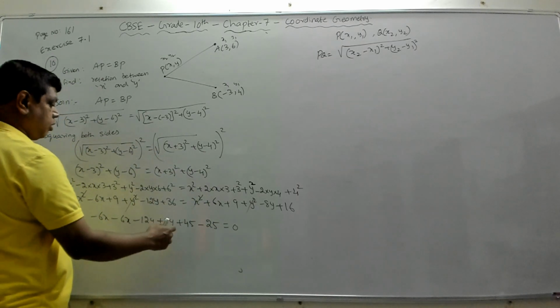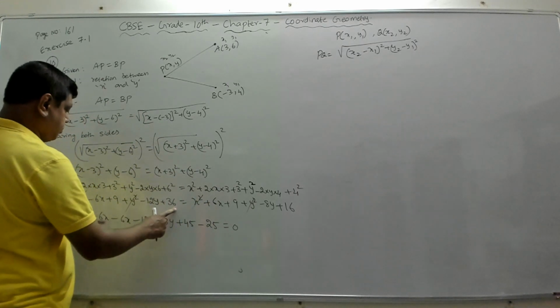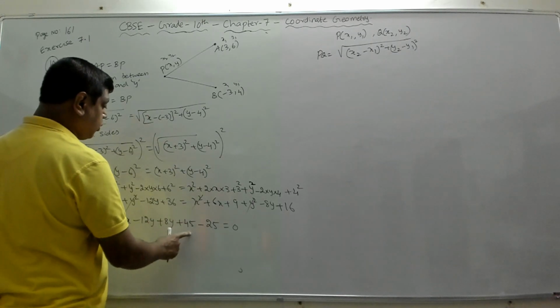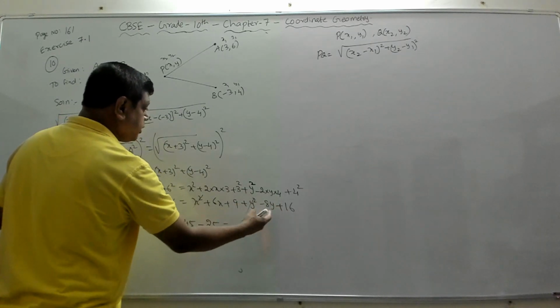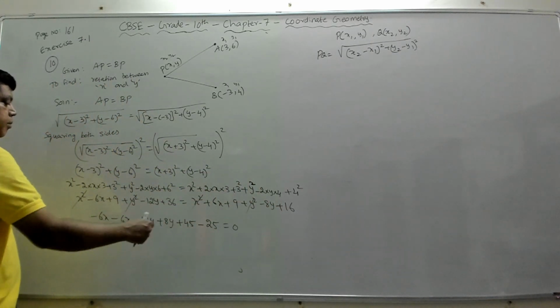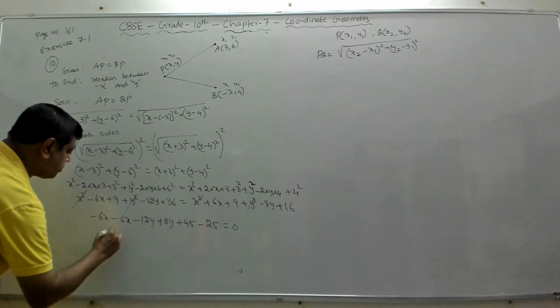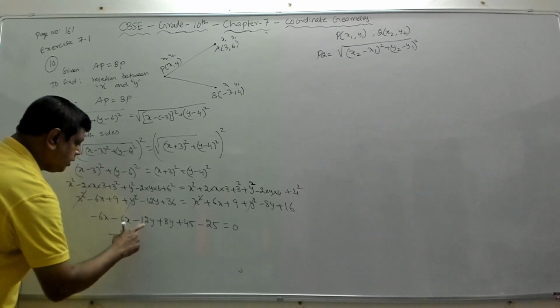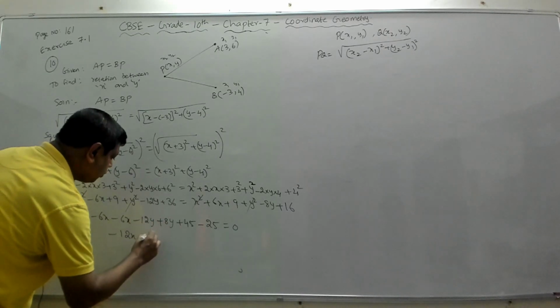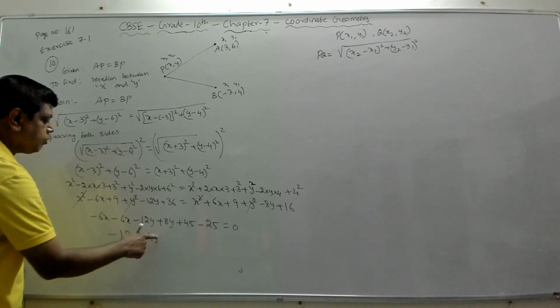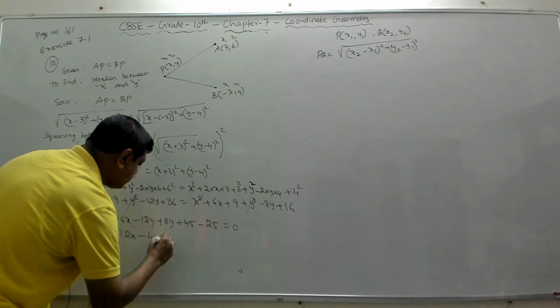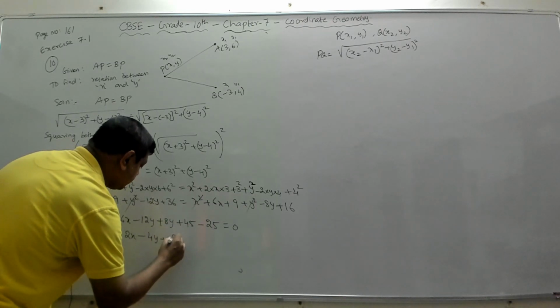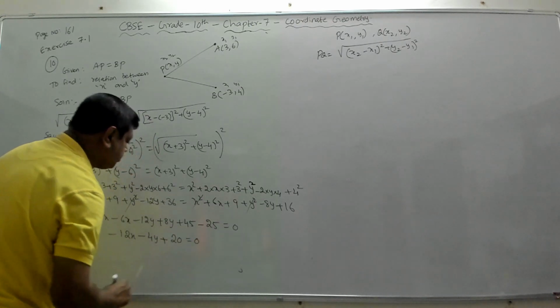Right? And also 36 plus 9 is 45. And this is 9 plus 16 is 25, and that has come this side, become minus 25. So you finally get this is minus 12x. This becomes minus 4y, because minus 12 plus 8y is minus 4y. Then this becomes plus 20 equal to 0.